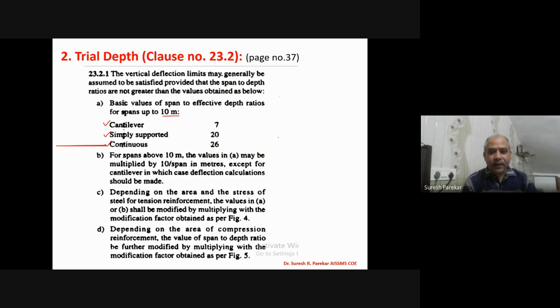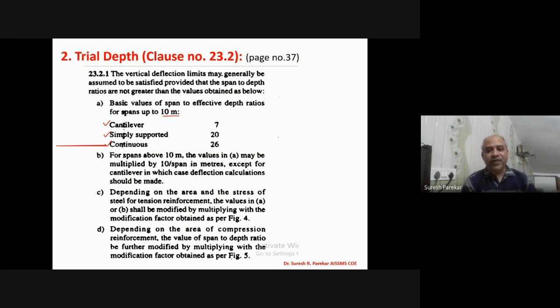Now, depending on the area and the stress of steel tension reinforcement, we have to multiply this value by a modification factor, and that modification factor we have to take from figure 4, which depends upon the percentage reinforcement. If we have compression reinforcement, then we go to figure number 5 and take the modification factor from that.